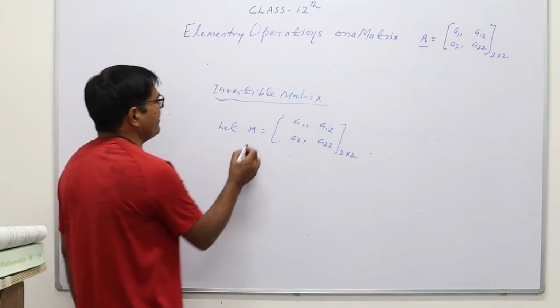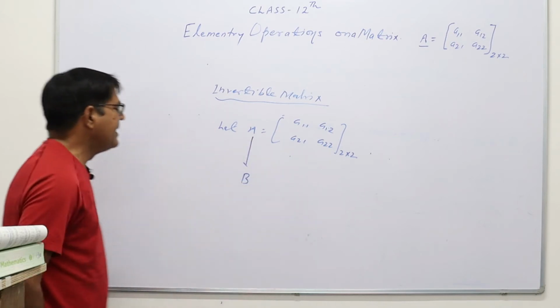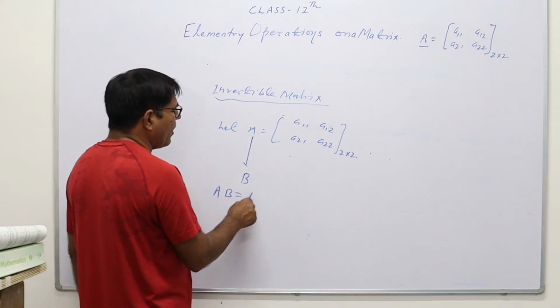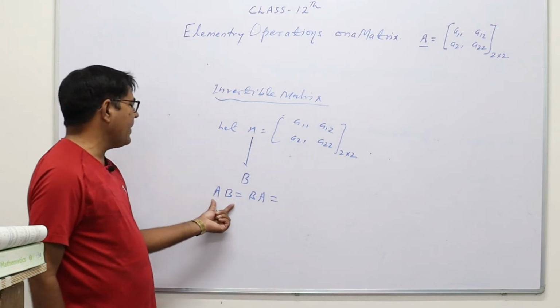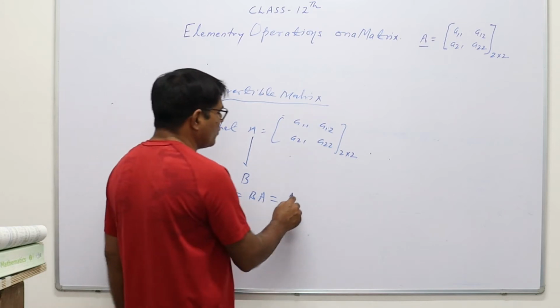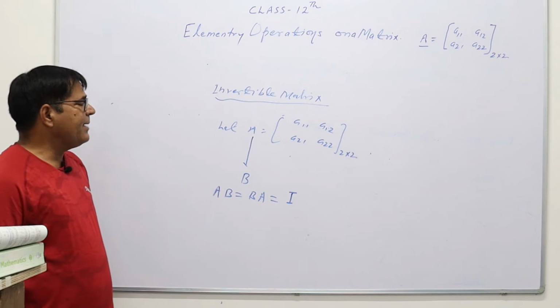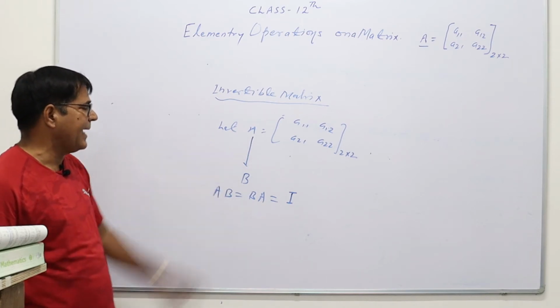Now for this given matrix A, if there exists a matrix B such that the pre-multiplication AB or the post-multiplication BA is equal to I, where I is the identity matrix of the order of given matrix A.